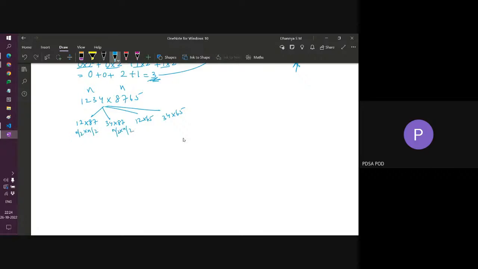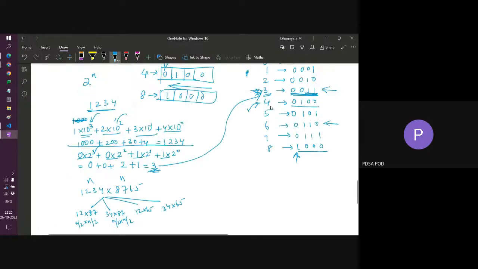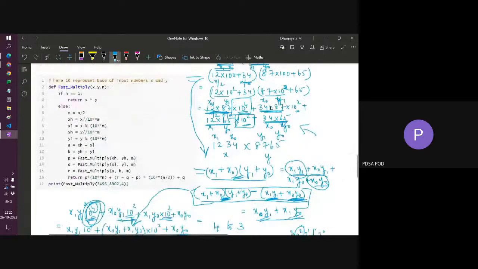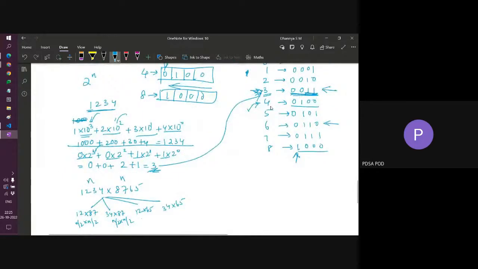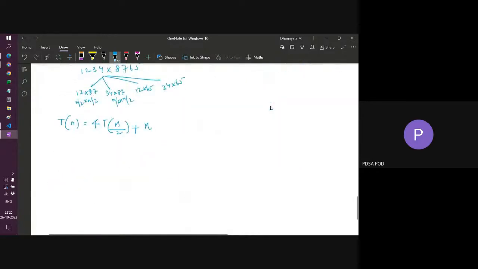How will my recurrence look? T of n equals, how many subproblems do I have? 4, each of size n by 2, plus for each multiplication you have an O of n. So n.